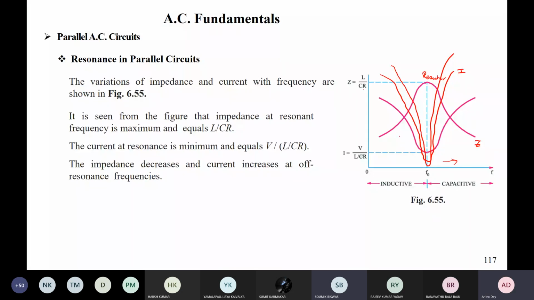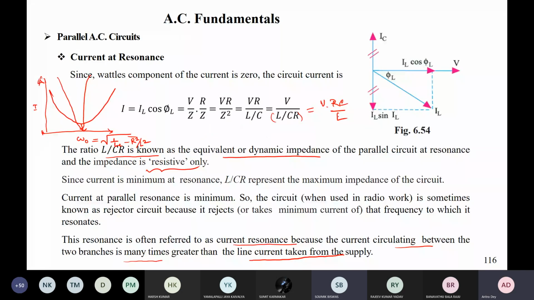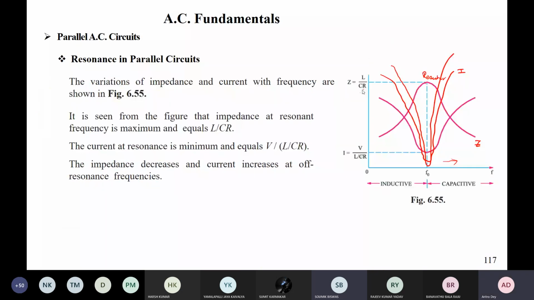It is seen from the figure that impedance at resonance frequency is maximum, and that equals what we have seen from here, because this is your I, so V by I is equal to L by RC. And here the impedance becomes purely resistive, so it is practically resistance during parallel resonance.